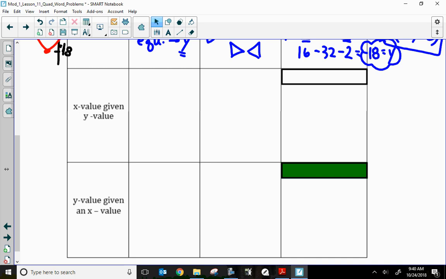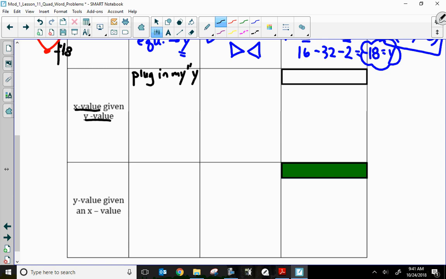So, what if they want us to find the x value and they give us a y value? So all I would do is I would plug in my y, and then solve for my x.